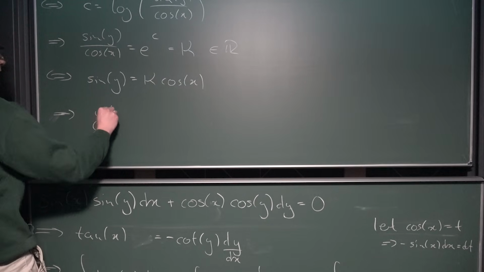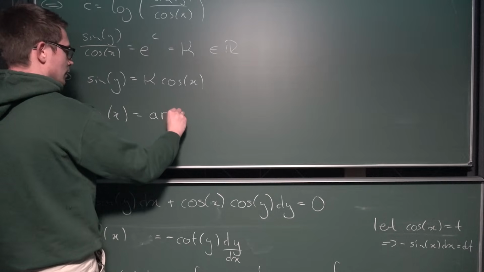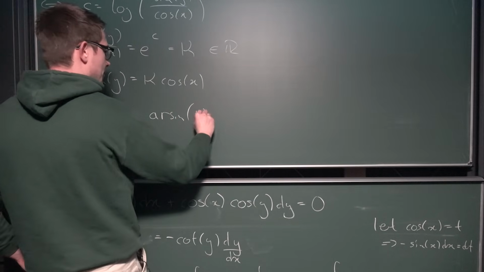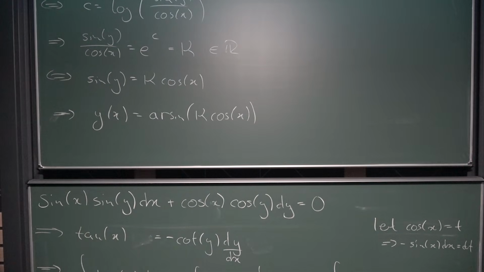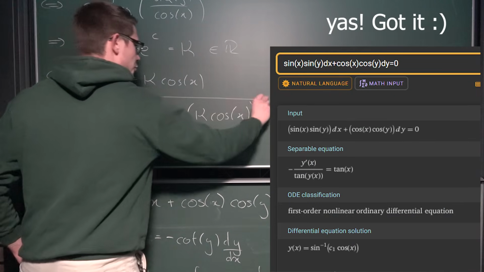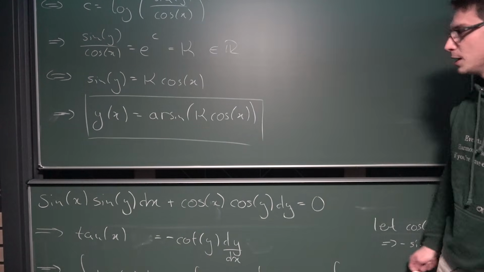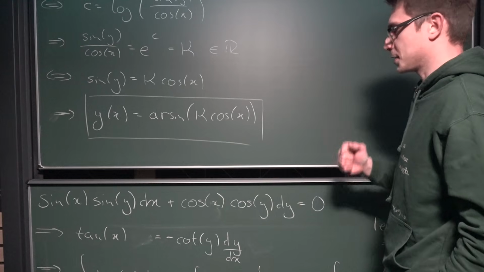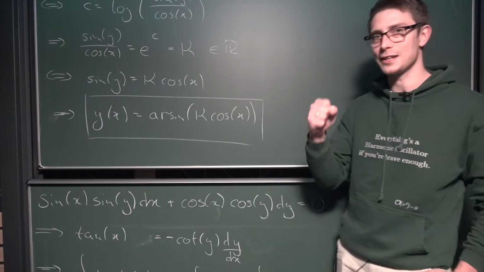Other than that, y of x is equal to the arc sine of kappa times the cosine of x. And this right here should do the trick. I think this right here is the solution. And you could probably check if this actually works out. Tell me down there in the comments below if you got the same solution and if I did it right or if I've goofed.